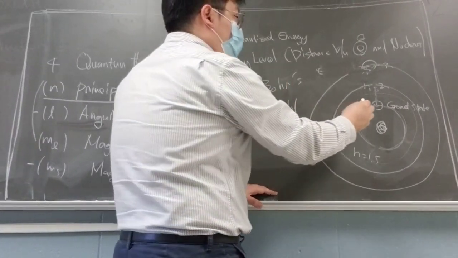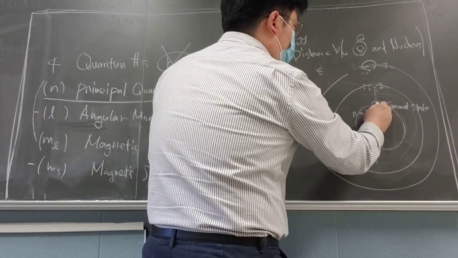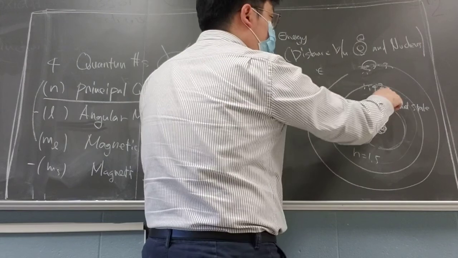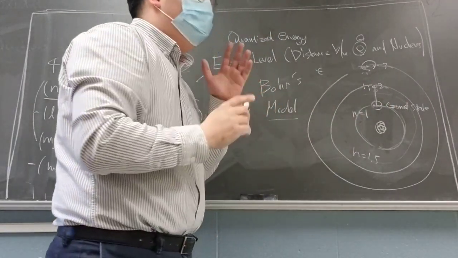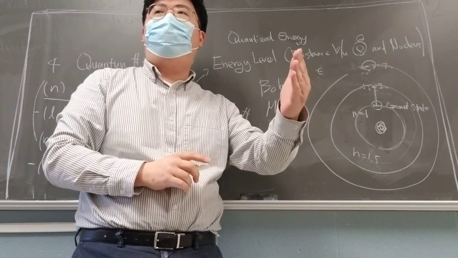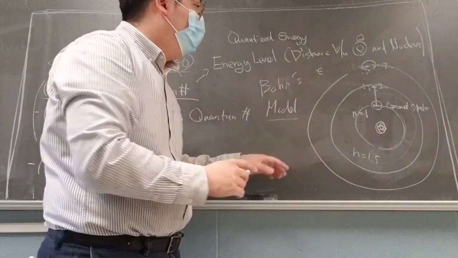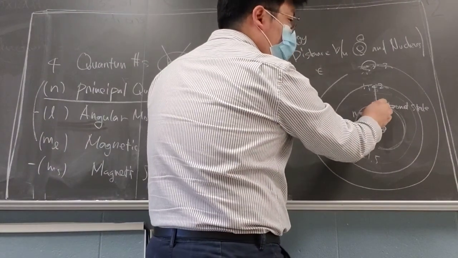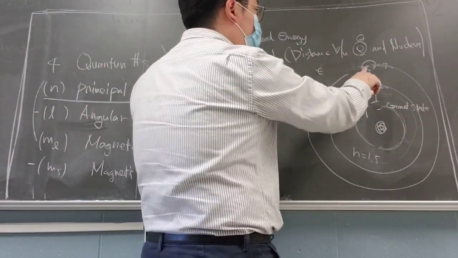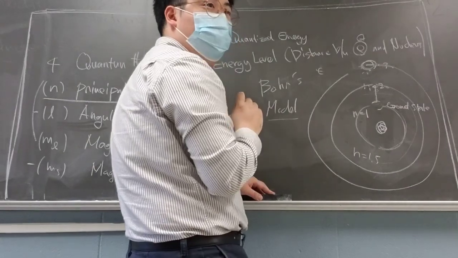The electron doesn't move continuously, it just jumps. We call this quantum jump, but to explain it more realistically, it's teleporting. Once you have an electron here and it's excited, it just disappears and appears on the 3 right away.